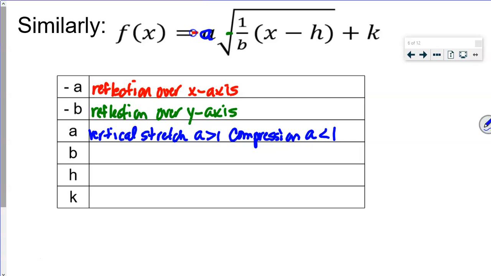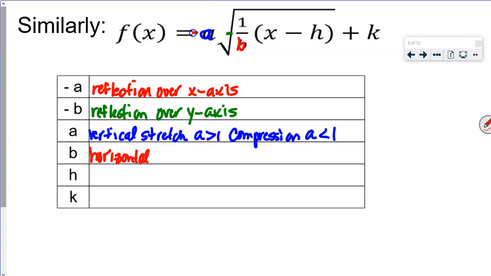Now the b, this is a little bit different because it's 1 over b. So we're always going to talk about inverses here. So when we talk about b here, so this is our b right here. So when we talk about that b, we're going to be talking about a horizontal stretch or compression. Now this one's different.